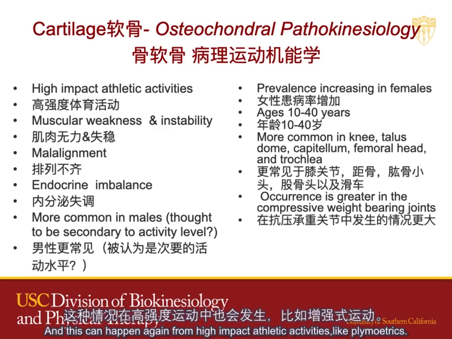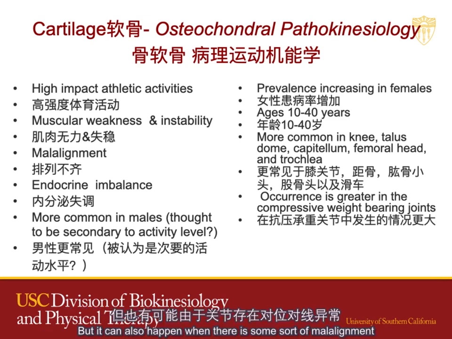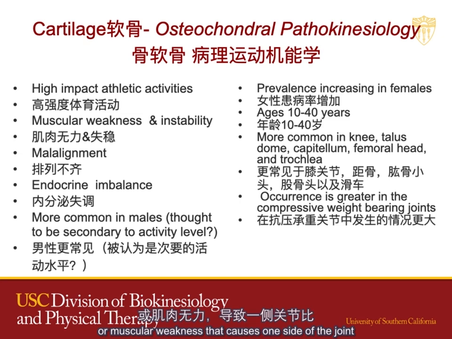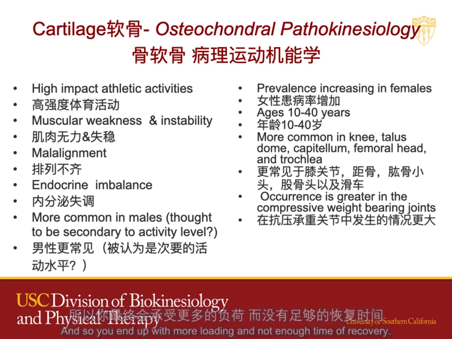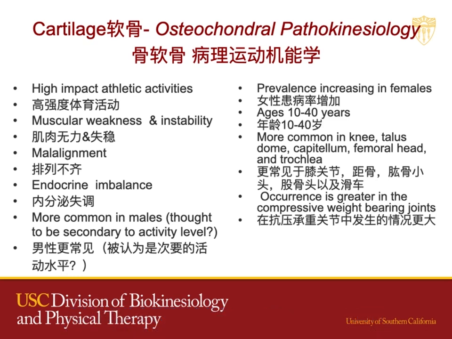This can happen again from high impact athletic activities like plyometrics, but it can also happen when there's some sort of malalignment or muscular weakness that causes one side of the joint to have more wear and tear than the other side of the joint. And so you end up with more loading and not enough time of recovery.